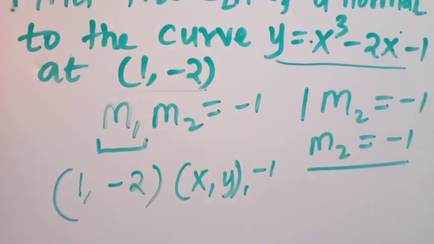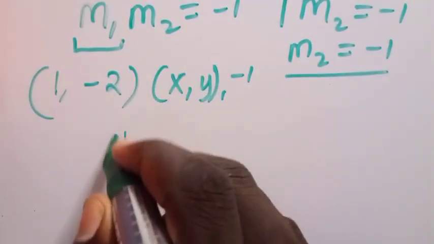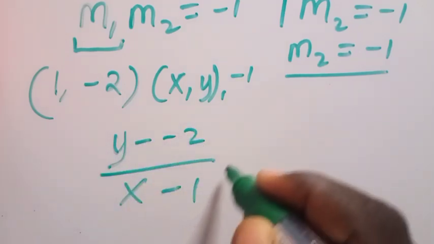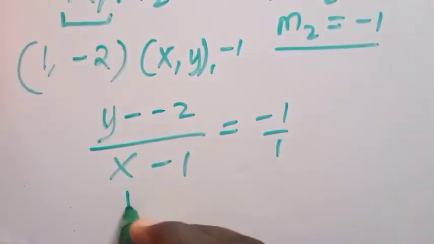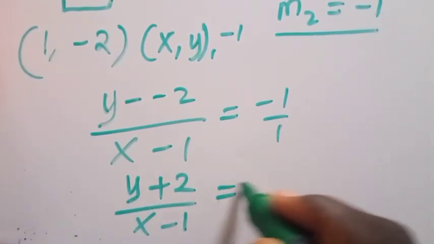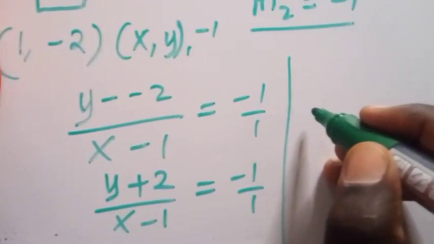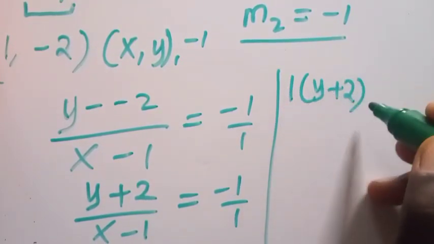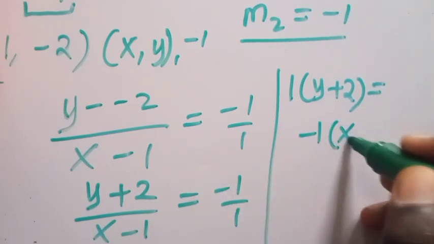Now the change in y, y minus -2 over x minus 1 equals -1 over 1. So y plus 2 over x minus 1 equals -1 over 1. If we cross multiply, we shall have 1 times y plus 2 equals -1 into x minus 1.